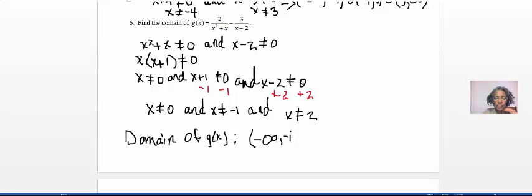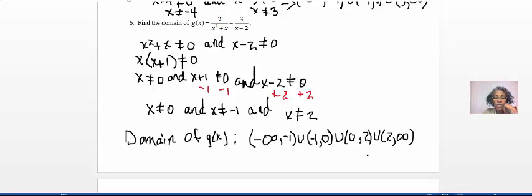So -infinity to -1, union -1 to the second smaller, which is 0, union 0 to the largest value here, which is 2, union 2 to infinity.